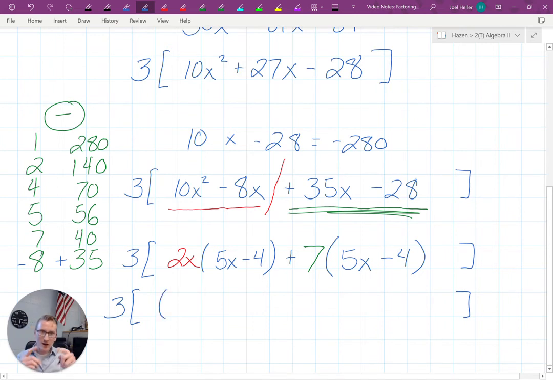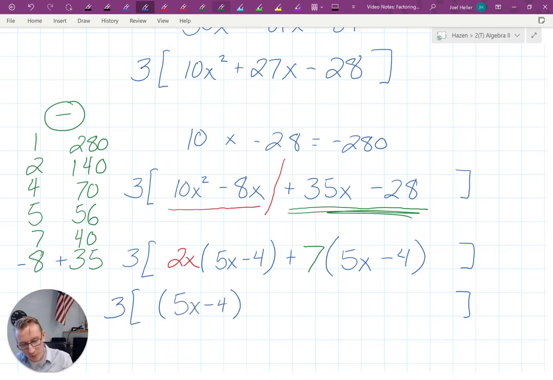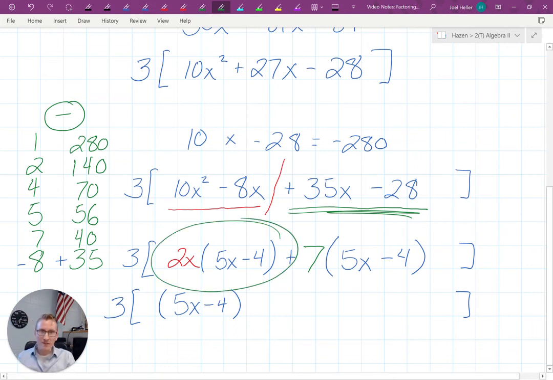When I factor out that 5x minus 4, for this first term here, if I get rid of the 5x minus 4, the only thing that's going to be left is that 2x. So we write that 2x, right?